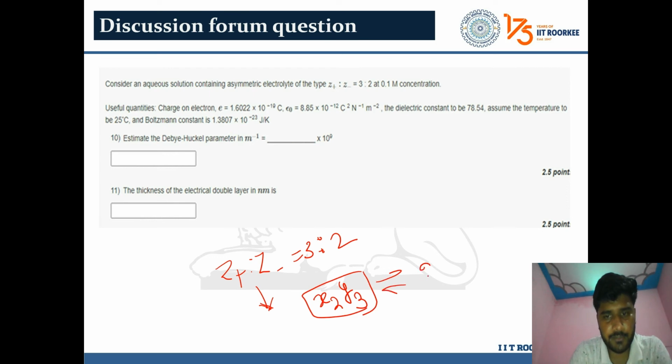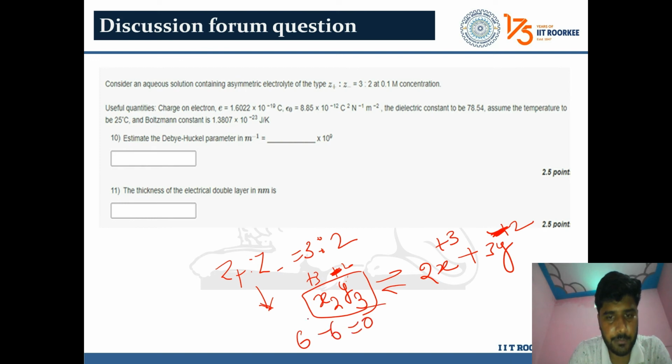It will dissociate into 2X plus 3 and 3Y minus 2. So the total resultant charge will be 2 times 3, plus 6, and 3 times 2, minus 6, so it will be neutralized.